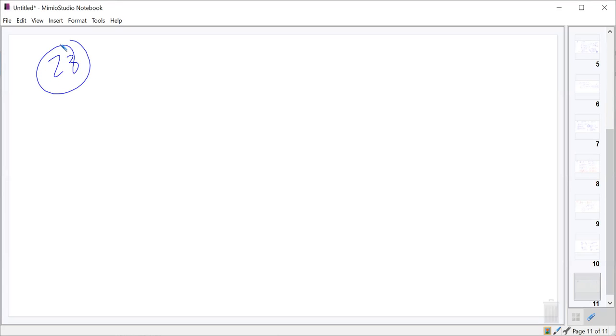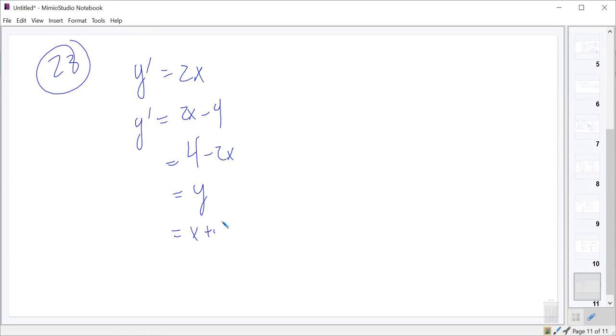All right, the slope field at the right. They give us a bunch of different things here: x plus y. And when you look at the slope field, I know you guys can't see it, but you should be looking at it in your packet, number 23.